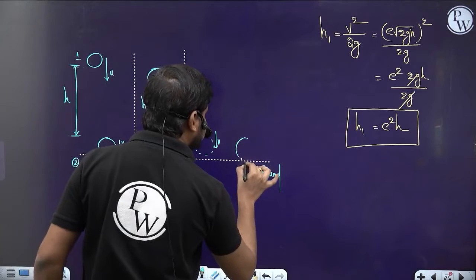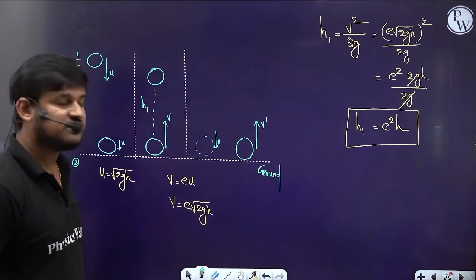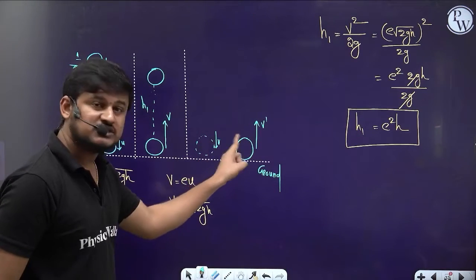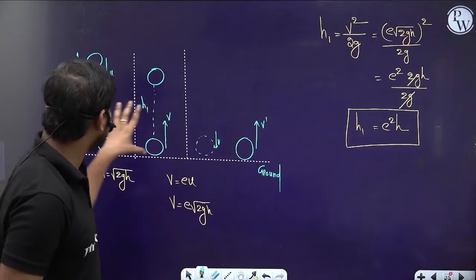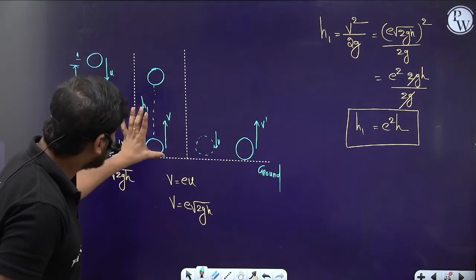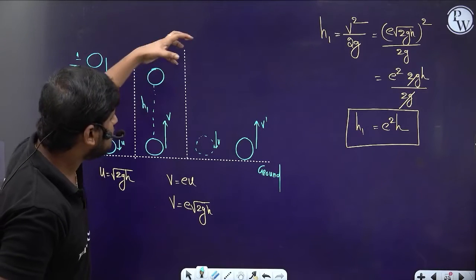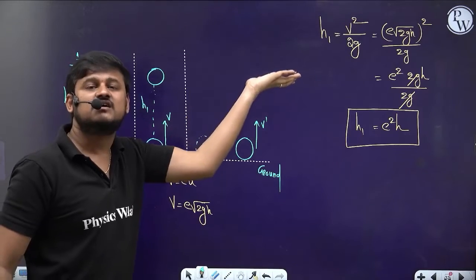After collision with the ground, it rebounds with some other velocity v dash. Why? Because energy loss takes place in this collision also. In the first collision some energy loss takes place. So with u velocity it strikes the ground, and with v velocity it rebounds. Now with v velocity it strikes the ground, and with some other velocity v dash it rebounds.